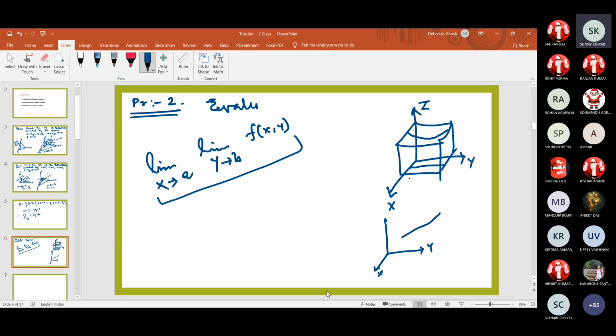Okay. Sir, is it possible that the double integral does not exist, but the iterated integral exists? Double integral does not exist, but iterated integral exists. Yes, because in double integration, you are considering the area, the small strip, and then after the volume you are considering, you may not be able to evaluate that integration directly.